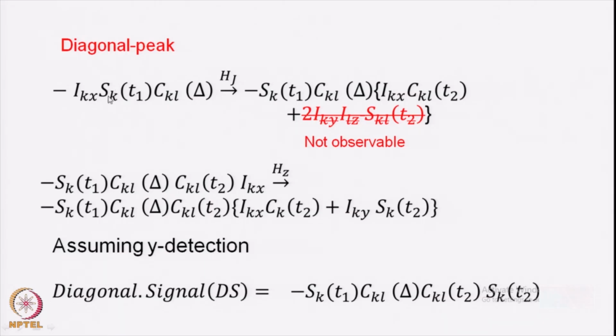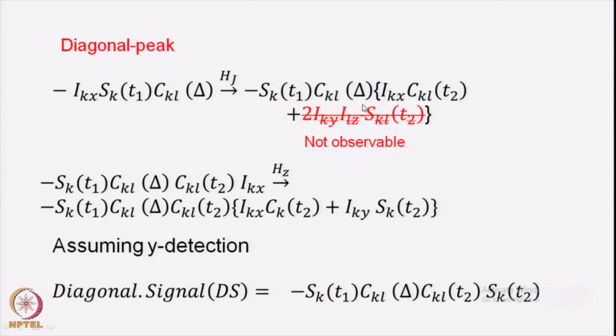Let us look at the first term, which is the diagonal peak: minus IKX SKT1 CKL delta. This will evolve under the coupling. We first consider the coupling evolution, with SKT1 CKL delta as the prefactor and the operator part IKX, which evolving in T2 gives IKX CKL T2 plus 2 IKY ILZ SKL T2.